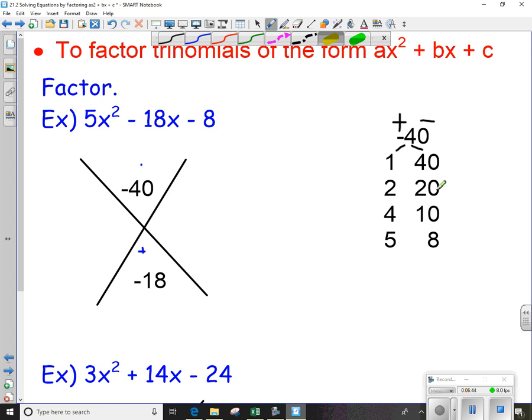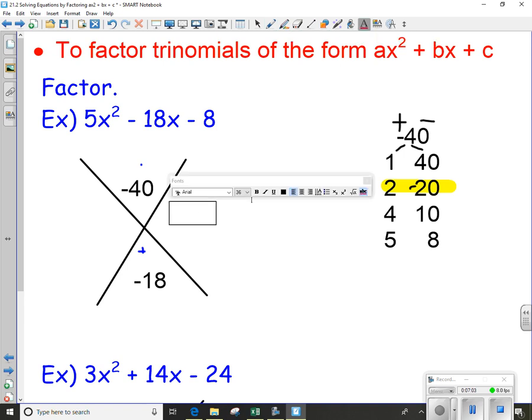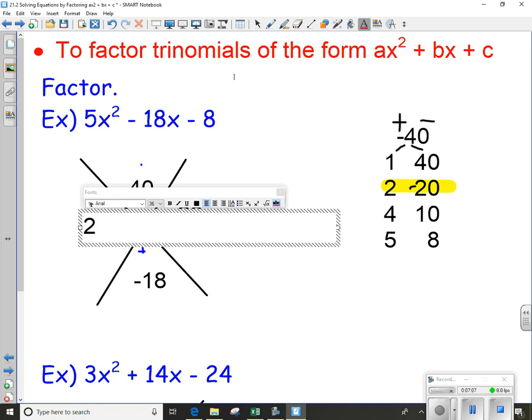Here, 2 and -20 would give me -18. Or +18, I want the negative. So this is the set I'm going to use. In this case, I am going to put my negative on the 20 because it's a bigger number, and that'll give me the -18. So those two numbers, my -20 and my +2, are going to go on the sides of the x.